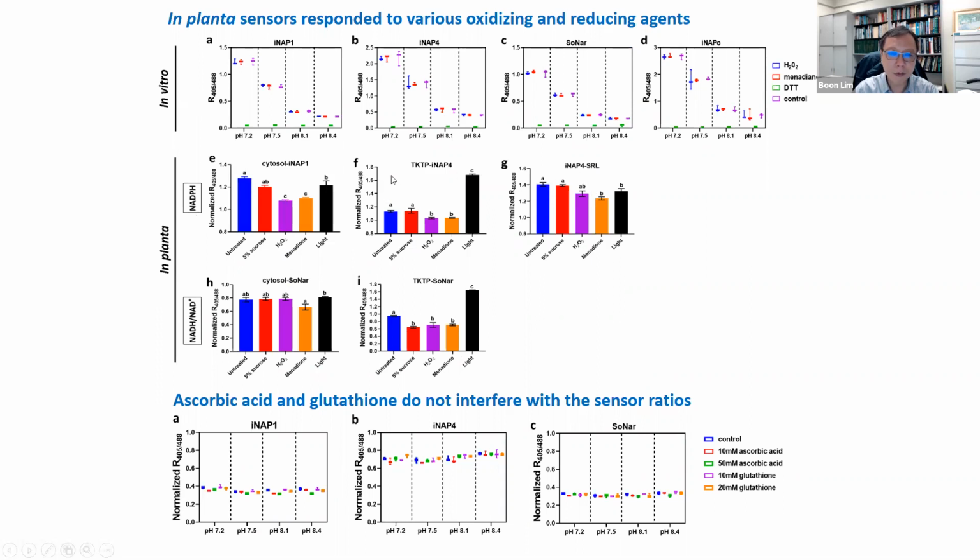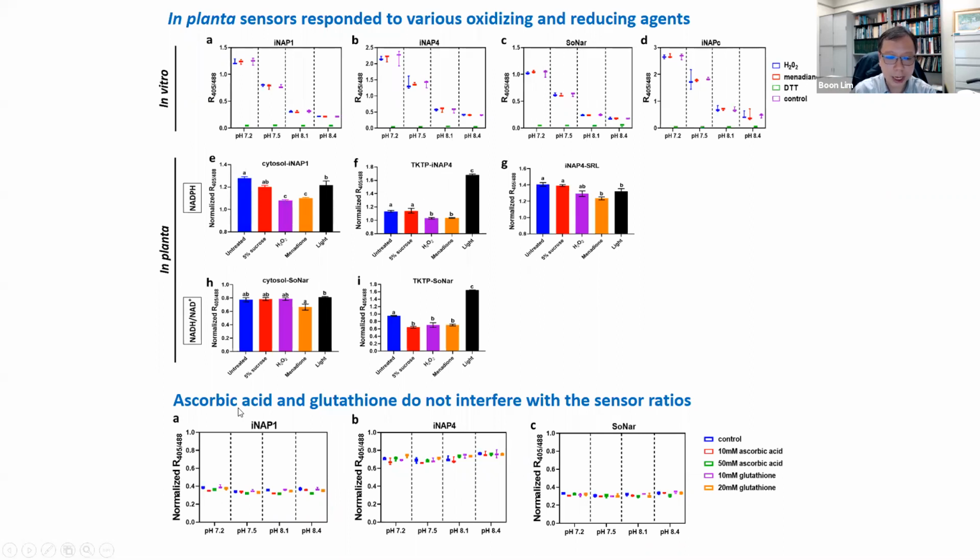For example, if we look at the NADPH sensor in the chloroplast, without treatment, its ratio is like this. If we add some oxidizing agent, the ratio decreases. If we eliminate it, the ratio increases. So that means that the physiological concentration of NADPH in this compartment fits the KD of this sensor, so that sensor can be used.